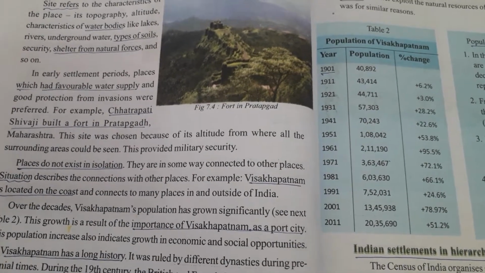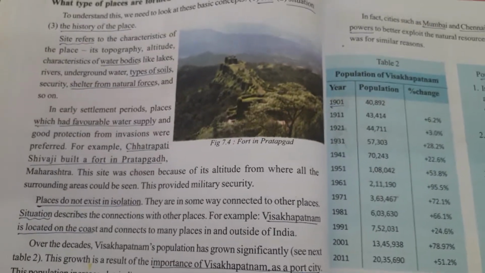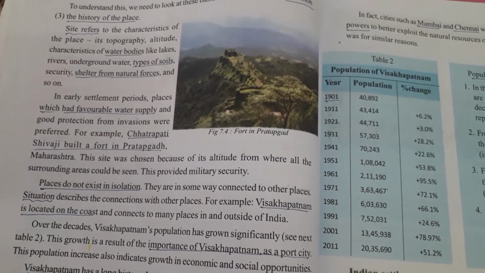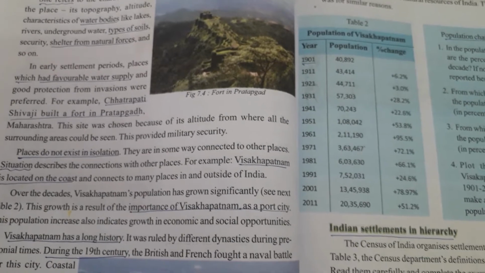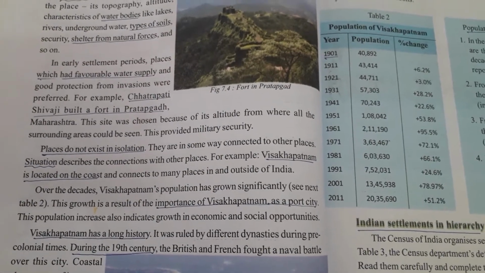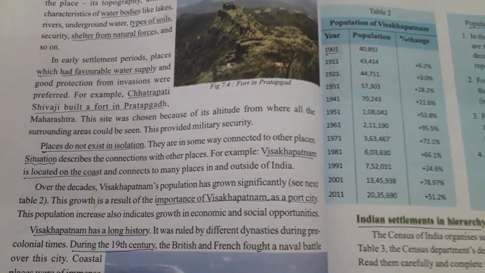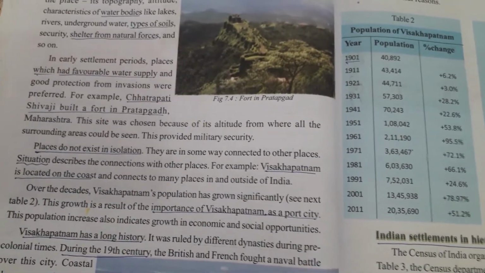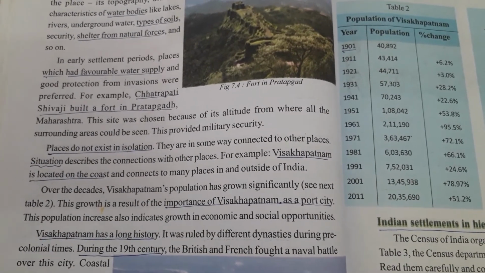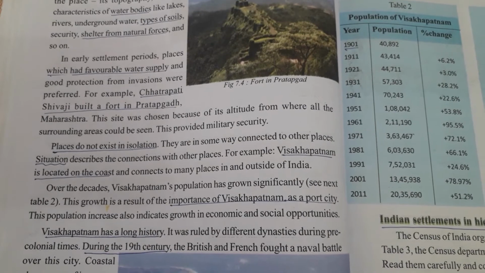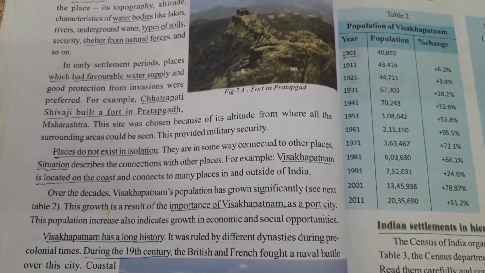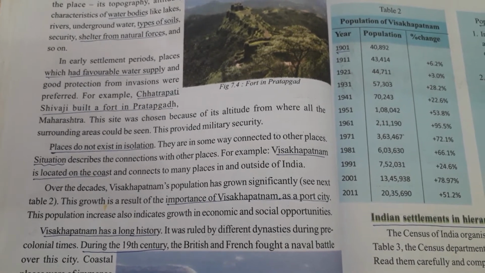Next, the third one: Vishakhapatnam has a long history. It was ruled by different dynasties during pre-colonial times. During the 19th century, it was ruled by the British, French, and different colonial countries. There was a conflict between the British and French because of ports.